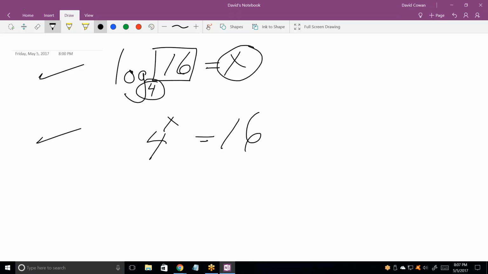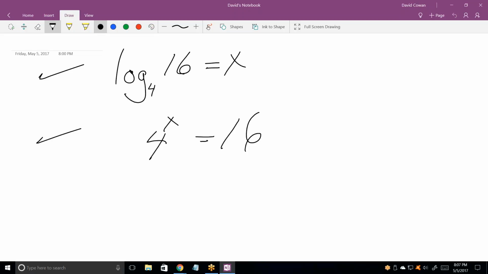But the fact is that this method, I think, works rather well. Number on the far left raised to the power on the far right equals 16. Always remember that logarithms are associated with exponential type equations.